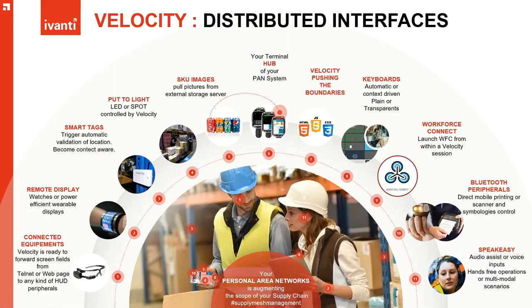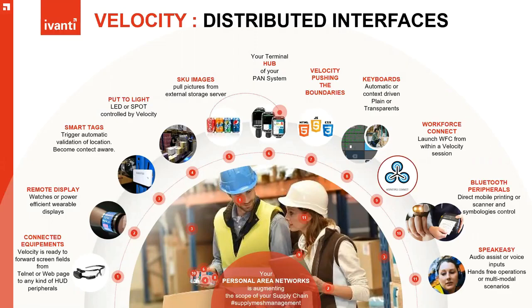So some of our partners in other countries have integrated Velocity with devices like beacons, weigh scales, several different types of IoT devices that will all send data to the Velocity application.